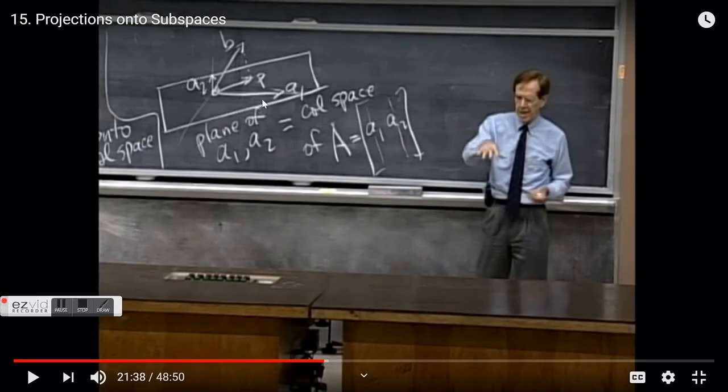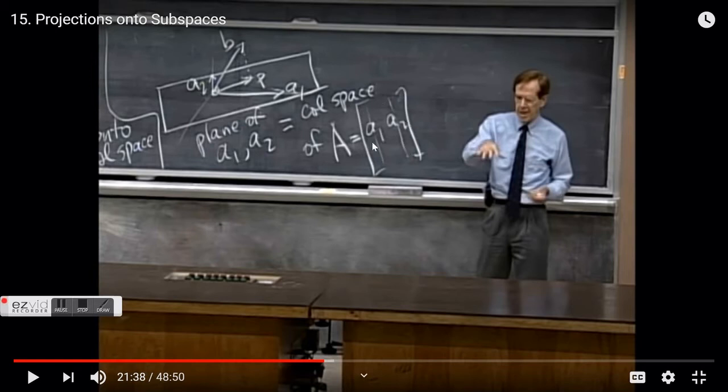So now in this situation, we have this particular column space defined by two columns, A1 and A2. These two columns represent two vectors, and a linear combination of these two vectors, A1 and A2, will make the whole column space. In this situation, the column space is a plane. It is not just a one dimensional line. For a one dimensional line, we just need one vector or one column, but here we have two columns.